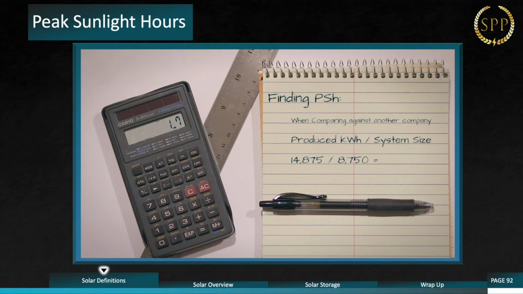Well, we've seen this happen multiple times where some companies don't take shading into consideration, or they're not properly using the azimuth, and they might say that they're going to produce 14,875 kilowatt hours with a 7 kilowatt system. That's going to give them a huge yield, when the proper yield on this one is about 1.7. So you can have confidence going into these consultations and comparisons, knowing that we take all these factors into consideration before we figure out the yield.